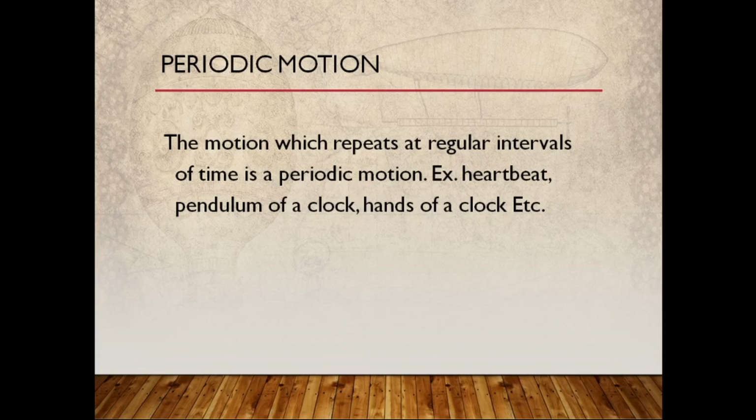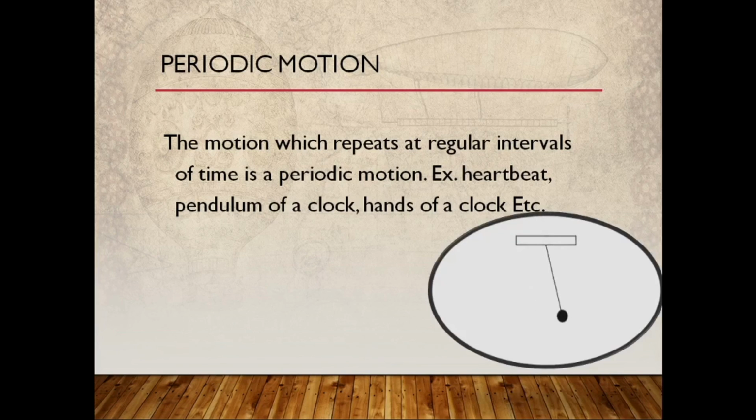So this is an example of periodic motion of your heart. Similarly, the pendulum of a clock moves from one point to another and covers the distance at a regular interval of time. So that is an example of periodic motion. Just see this picture. Here this pendulum is moving and coming to its original position after regular intervals of time. So this is periodic motion.